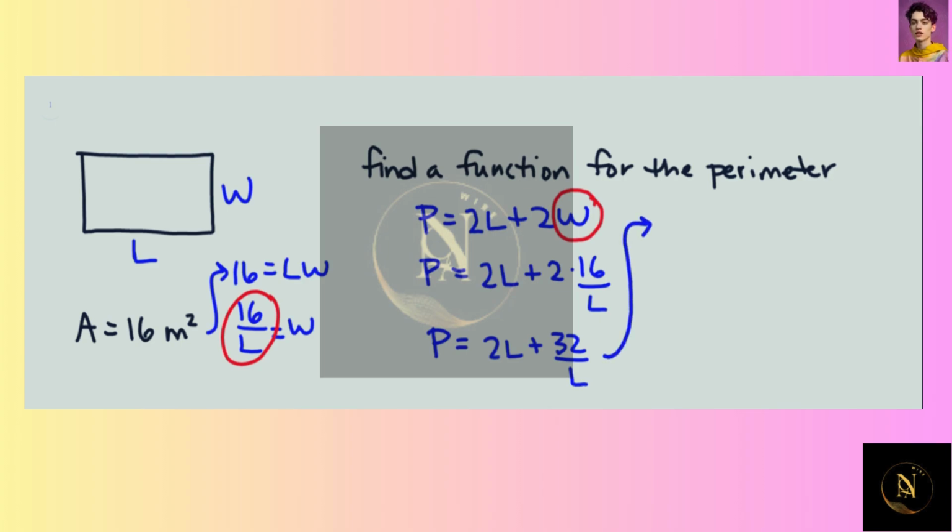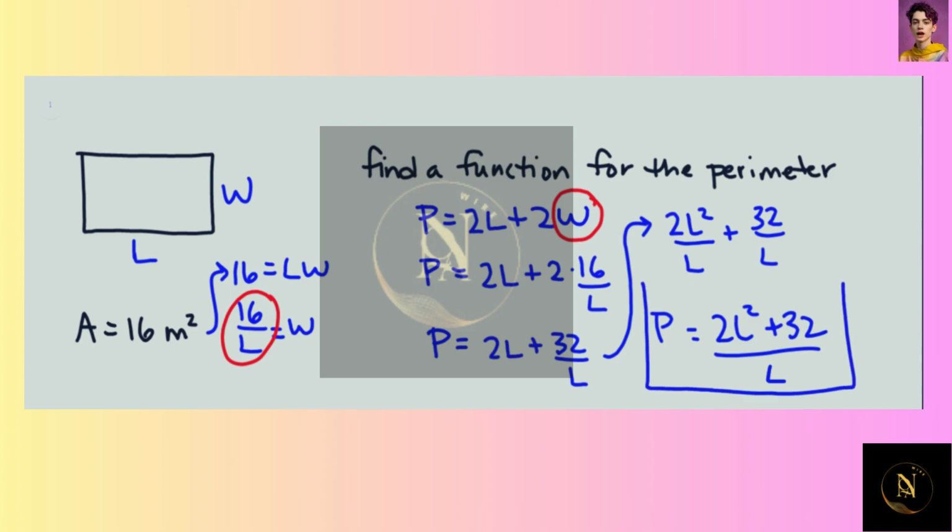So what you could do is multiply the first fraction by L over L to get a common denominator. So we would have 2L squared over L plus 32 over L, and that gives us 2L squared plus 32 over L as a way to describe the perimeter.